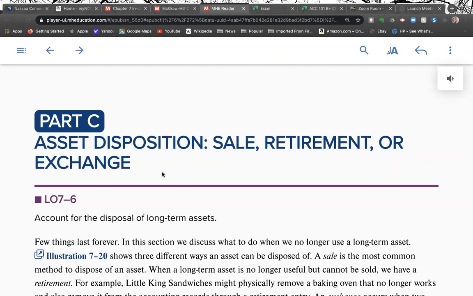We're not doing exchange. I think the problem we're going to do is sale, but what's the difference between sale and retirement? Sale means you sold it, somebody paid you money for your old asset. Retirement means you threw it away, right? Cannot be sold.